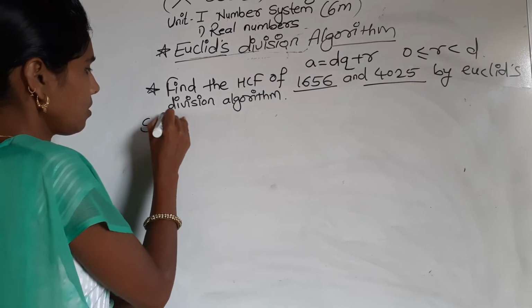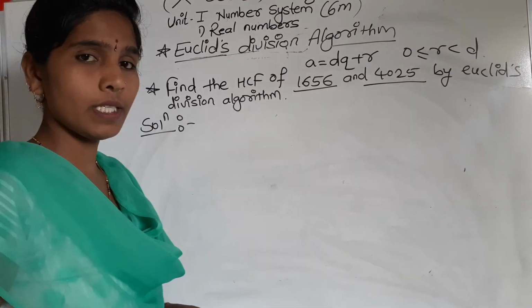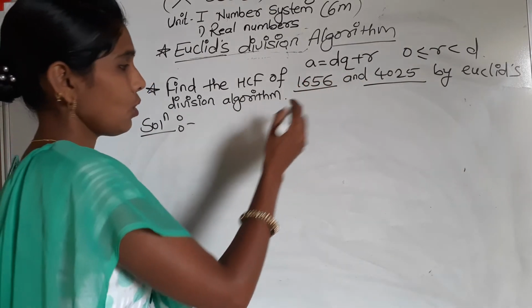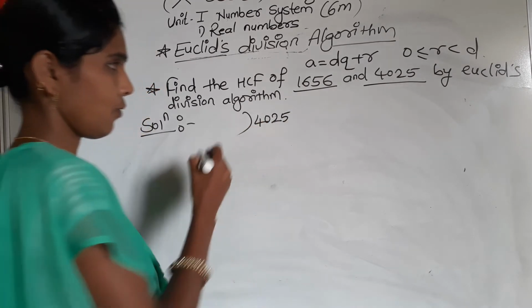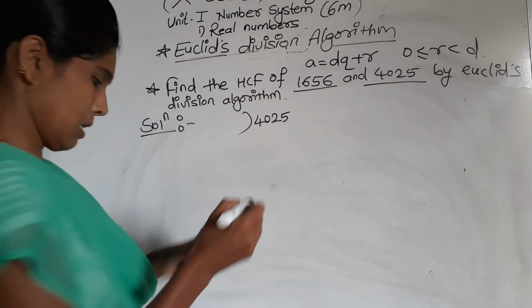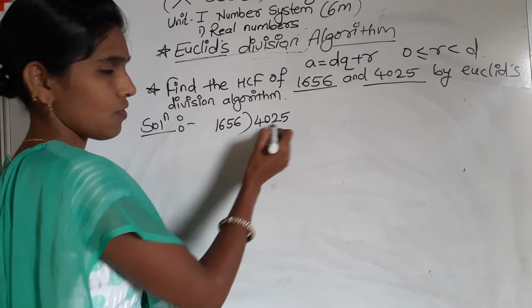How to solve? Look here, solution. Which one is the greatest number here? 4025. Greatest number is 4025. Smallest number is 1656. Consider that as divisor and this one as dividend.